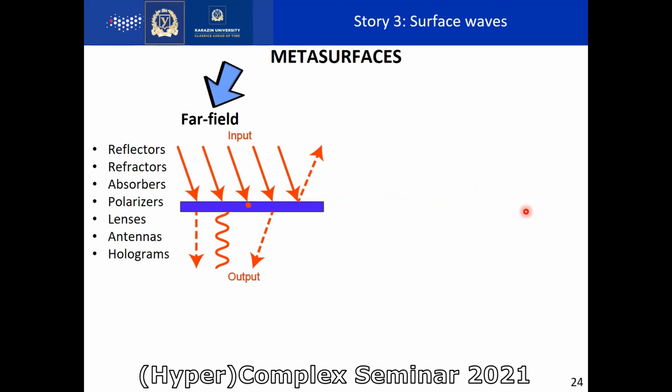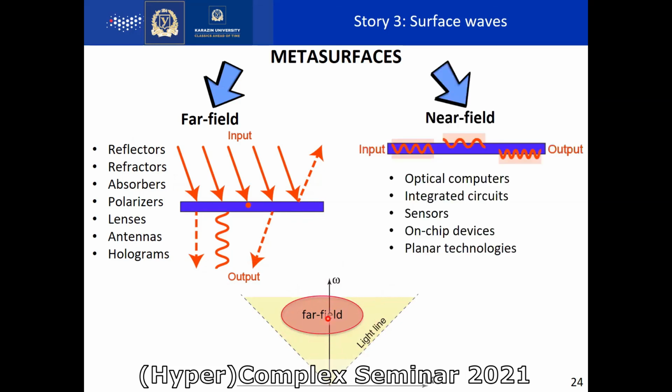In the far field, metasurfaces are studied as transformers of plane waves. So these are reflectors, refractors, antennas, lenses, etc. If we look at the dispersion diagram, the dependence of energy on momentum, we work in this zone inside the light cone.